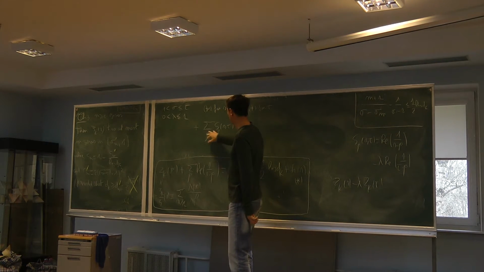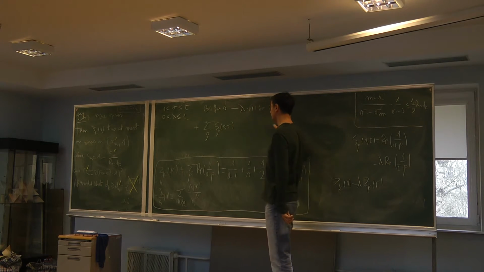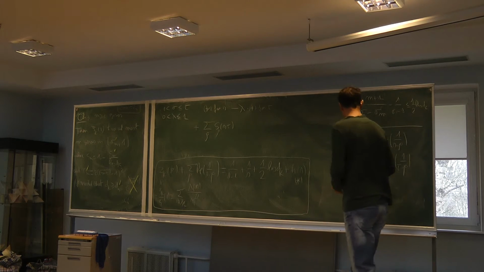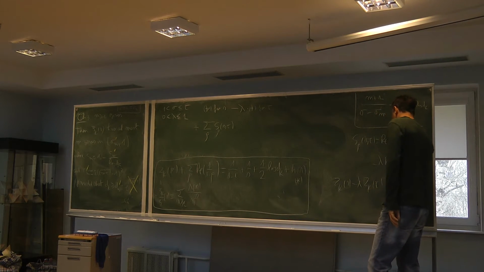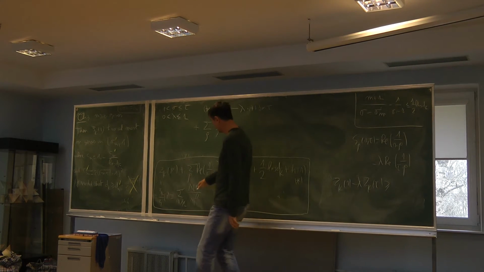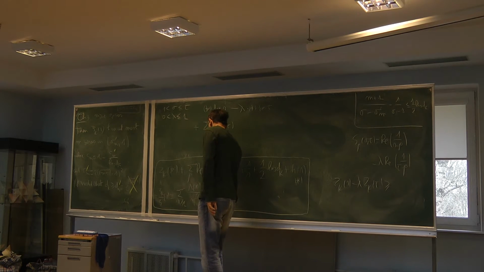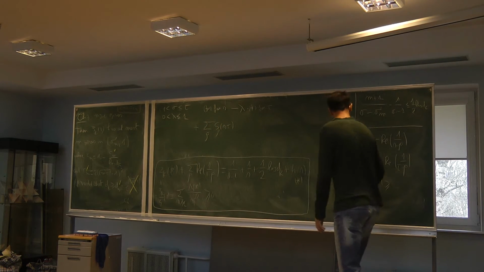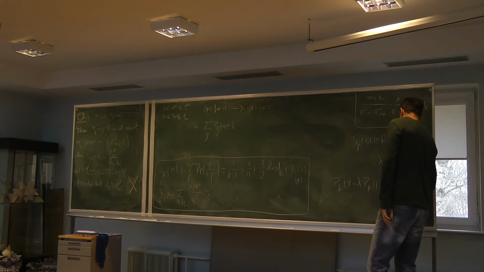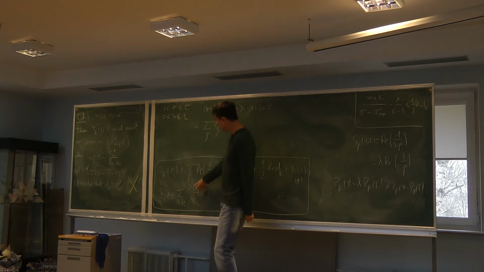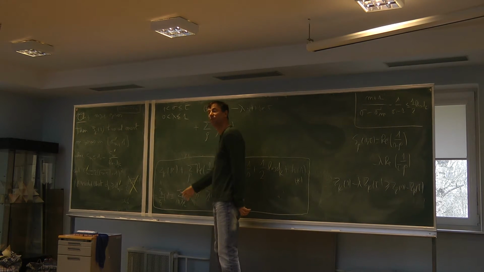So I want to have a lower bound for the left hand side, and an upper bound for the right hand side. So I just want to have a lower bound for this one, and of course lambda is written here. These coefficients are non-negative, so this one is positive. So it means that this one is greater than this one. And the coefficients here are non-negative, so this one is a decreasing function.